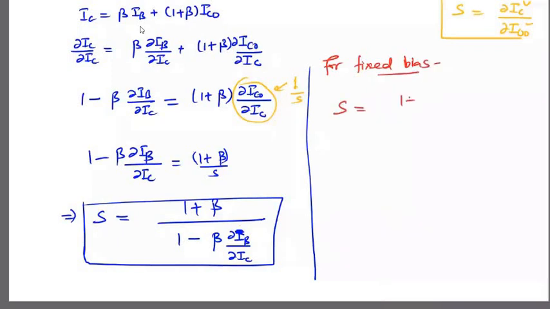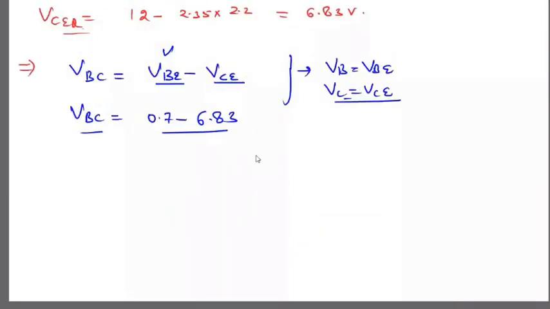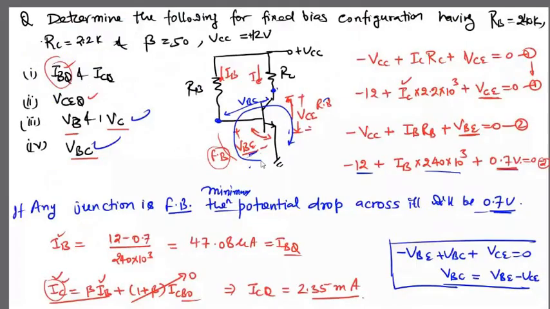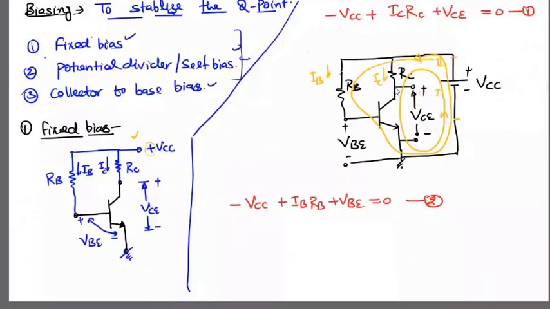What is the equation at the input loop? This is the equation. Can I get del IB over del IC? I hope I can calculate the stability factor for fixed bias.